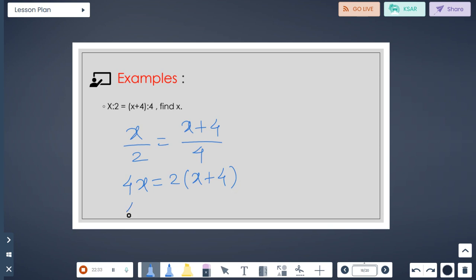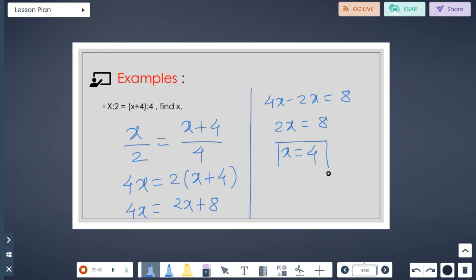So this becomes 4x is equal to twice of x plus 8. So 4x minus 2x is equal to 8, which becomes twice of x is equal to 8. So x is equal to 4. In this way we have to solve all the questions and find their answers.